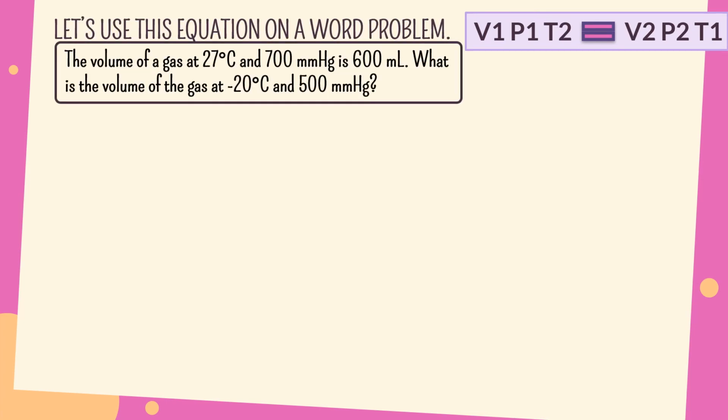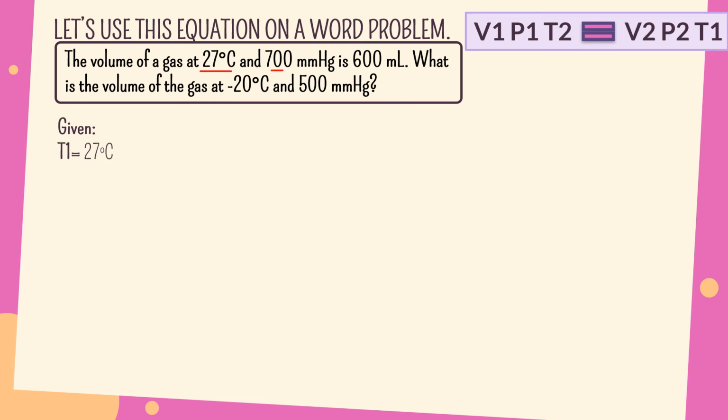So the volume of a gas at 27 degrees Celsius and 700 millimeter of mercury is 600 ml. What is the volume of a gas at negative 20 degrees Celsius and 500 millimeter of mercury? So first, let's identify the givens. We have the 27 degrees Celsius, which is our initial temperature.